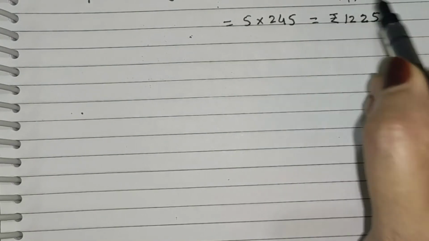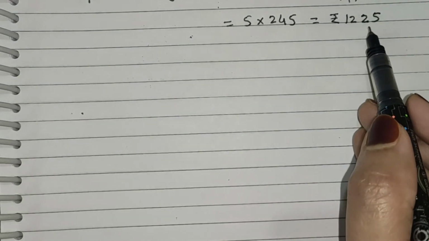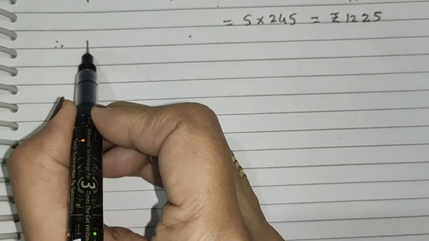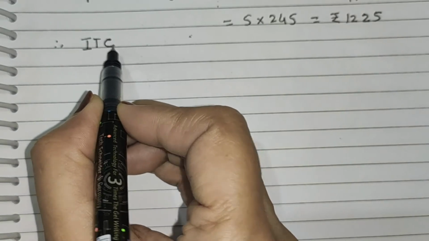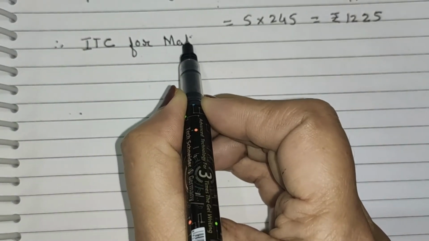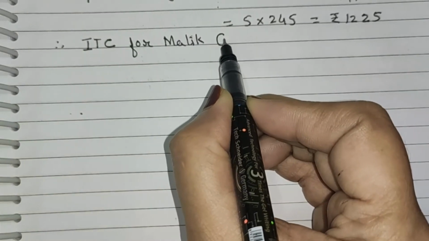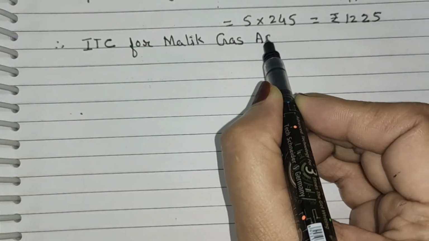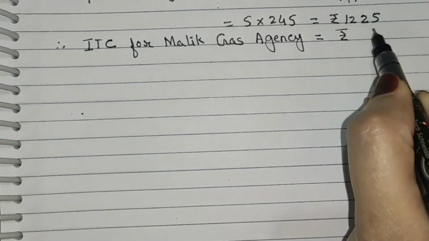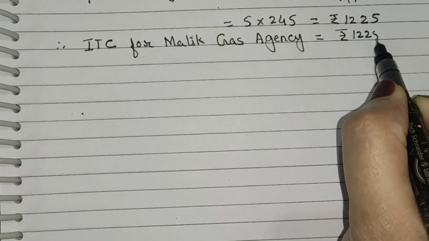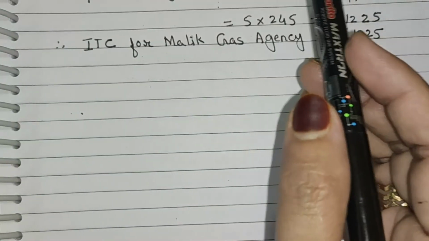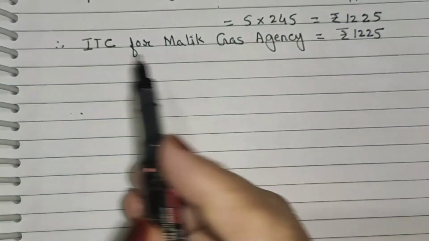Now we get here 1225. Therefore, it is ITC for Malik Gas Agency, equal to rupees 1225.